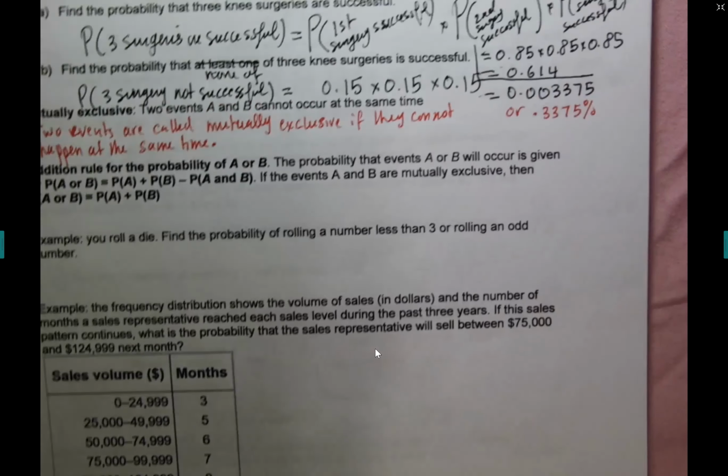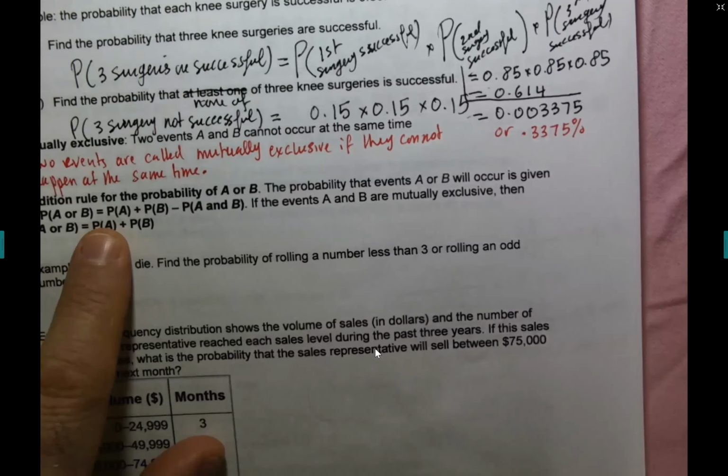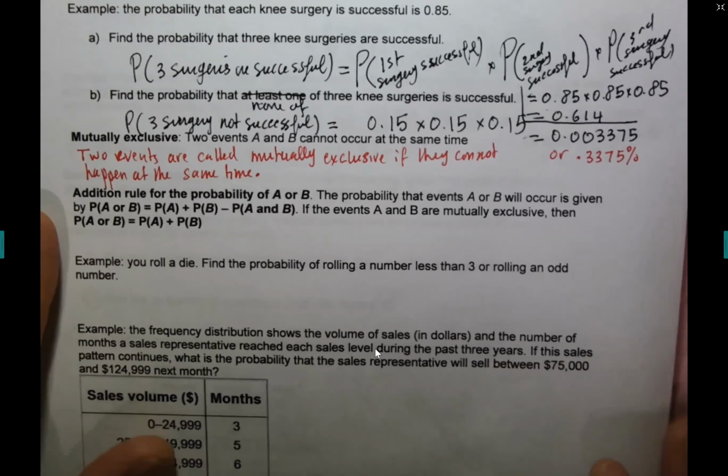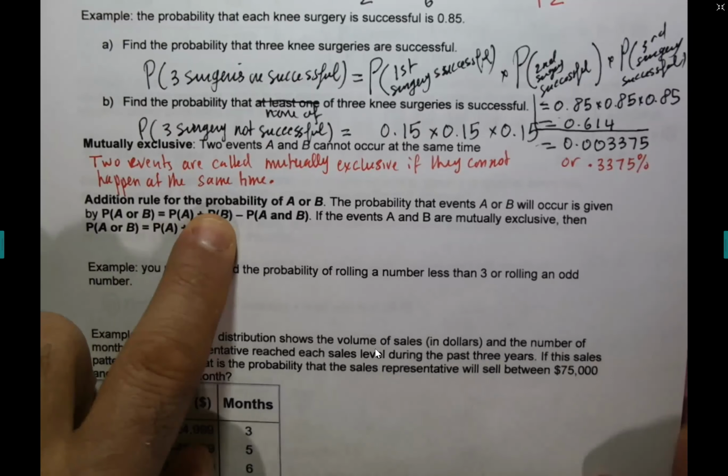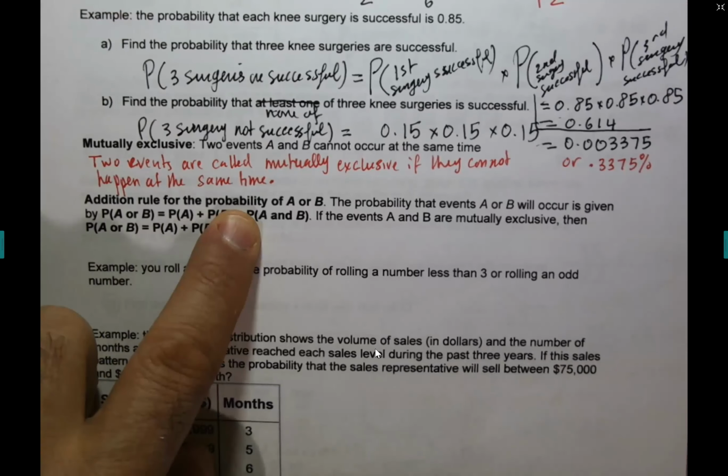Okay. So there's a formula right here, guys. Probability of A or B is probability of A plus probability of B minus probability of A and B. Okay? That's what I explained to you.